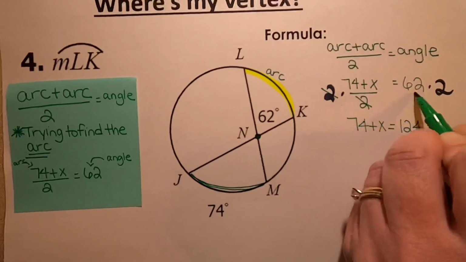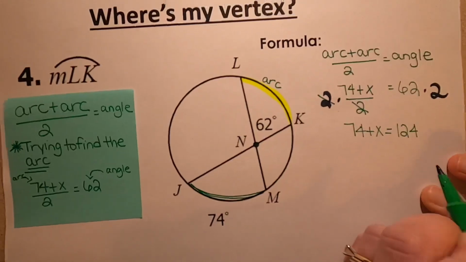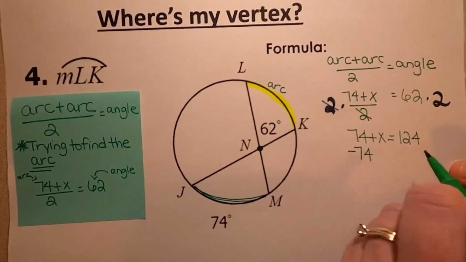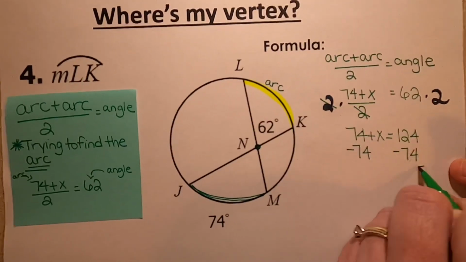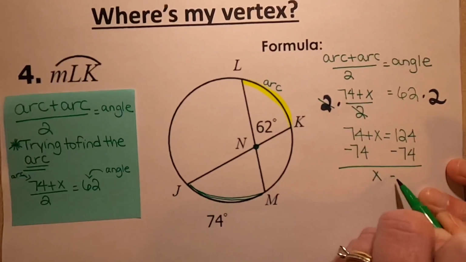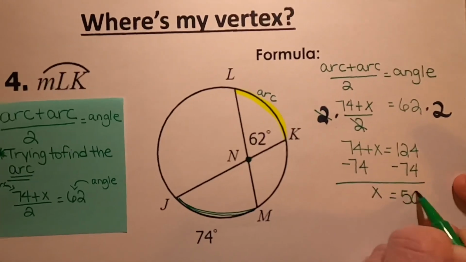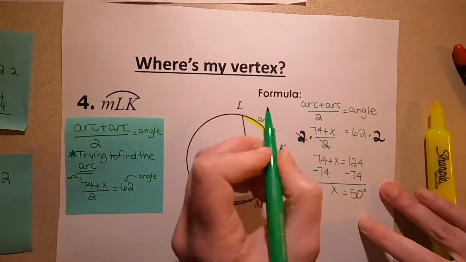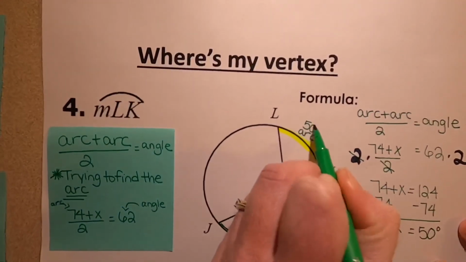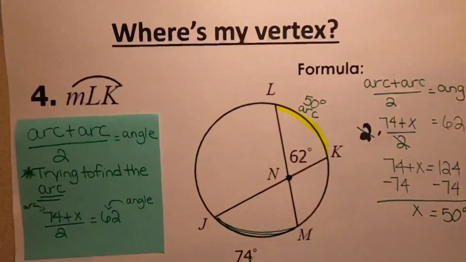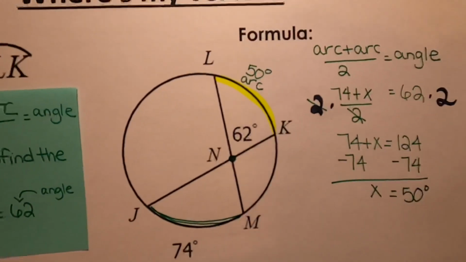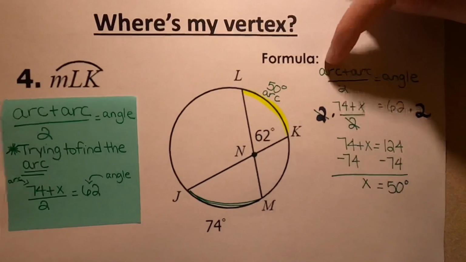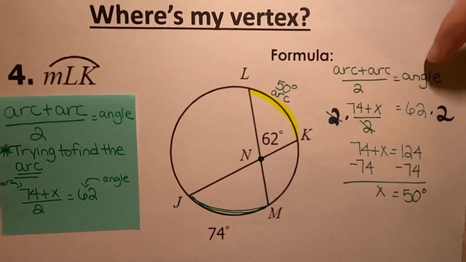That's 62 times 2, forgive me. And then subtract the 74 to solve for the x. So x is equal to 50. Now, what that means is the measure of the arc is 50. So this right here would be 50. You could always go back and check in your calculator. Let's see if I put both of the arc measures in here, see if I get the angle measure.